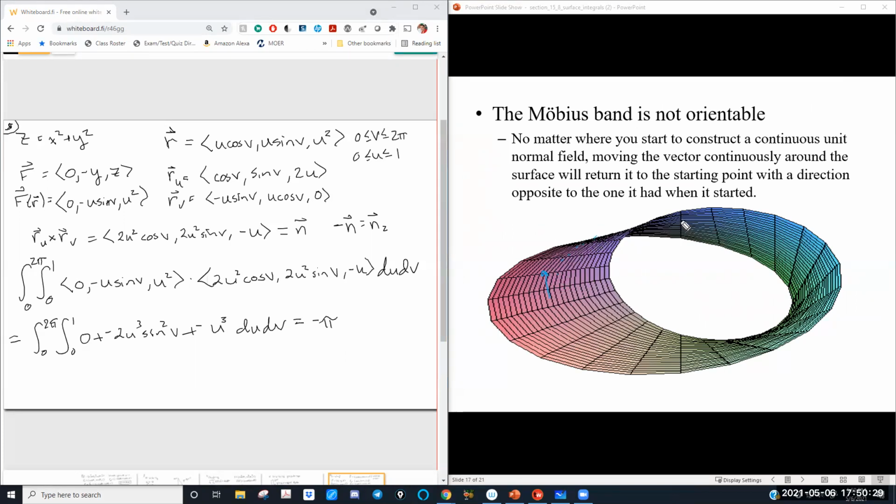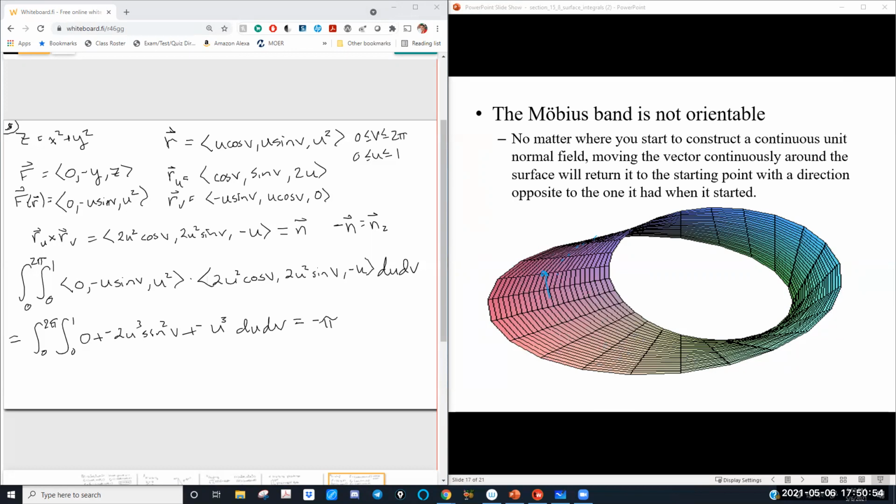Now all of a sudden we're behind there, so we're on the back side. Now when I come back over, I'm on the other side of the surface. So this is not an orientable surface. We can't give it a positive and a negative orientation because of that flip-flop. So this only works for orientable surfaces.